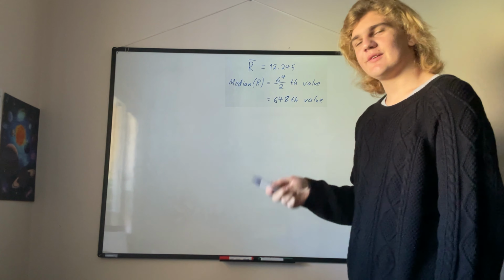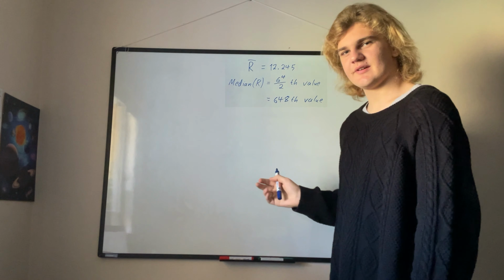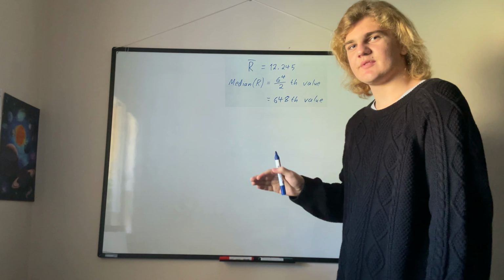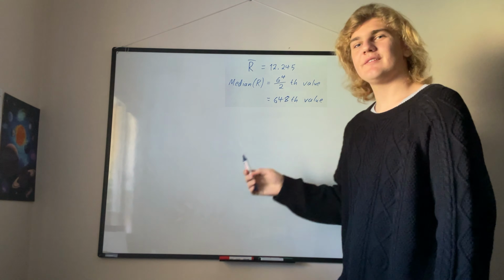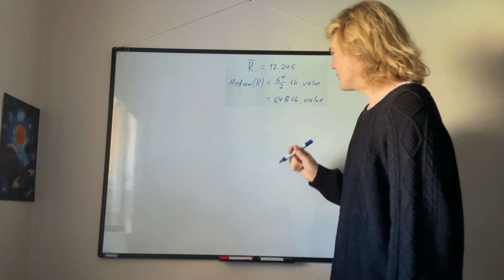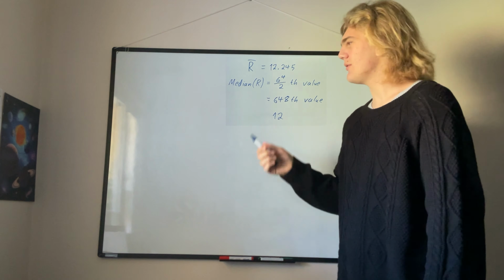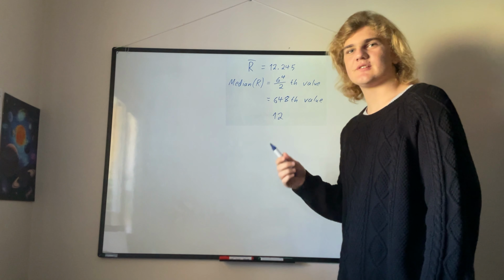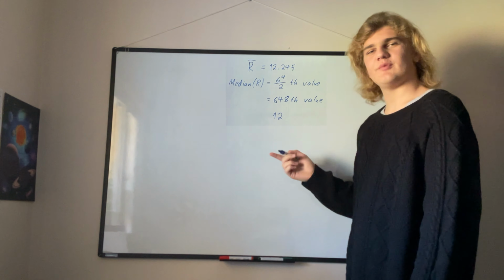So we can look at the list that the computer gave me in my Python code and see in which category that would fall into. And we would see that the 648th value, when sorted in order, would be in the 12th section. If we're looking at the frequency and how often each value appeared, the 648th value is the 12th. It has a value of 12. So that means that our median will be 12.